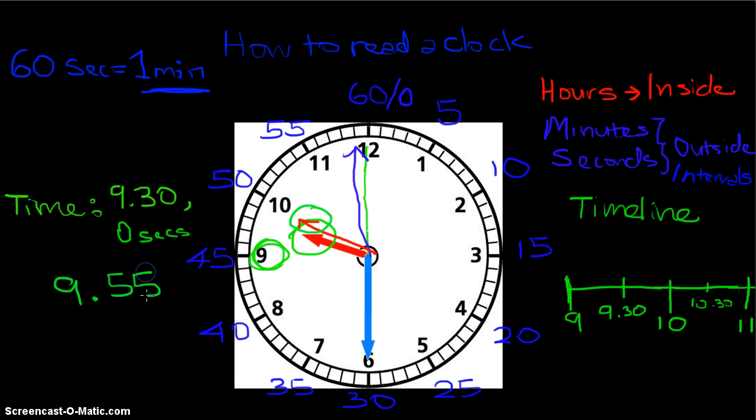Because this is at the 9:59 position, 55, 56, 57, 58, 59. So this is 9:59 and not 10:59. Although it's so close to 10, it's still in between 9 and 10, so you take the smaller number, which is 9.